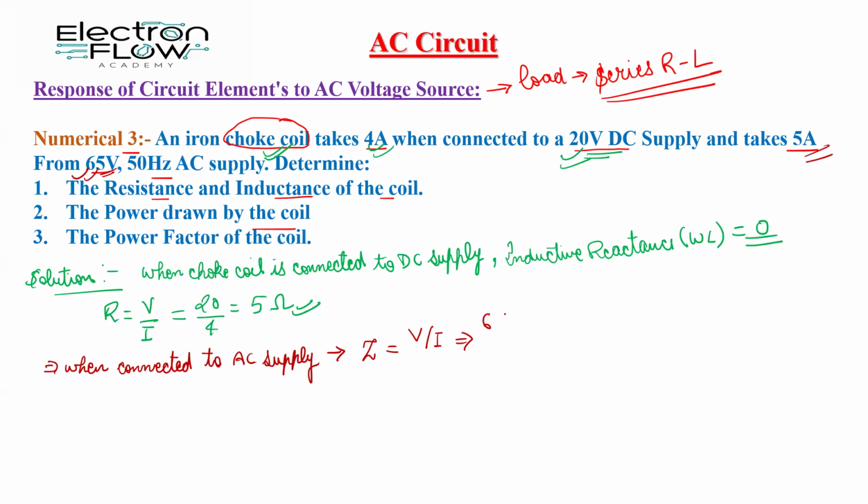So 65 divided by 5 gives us the value of the impedance as 13 ohm.